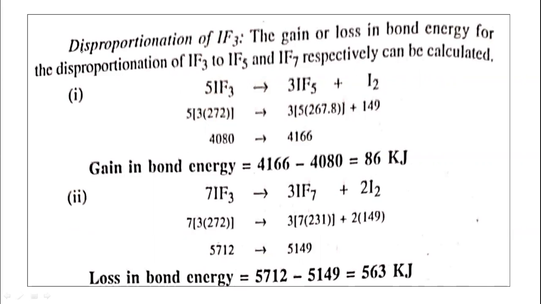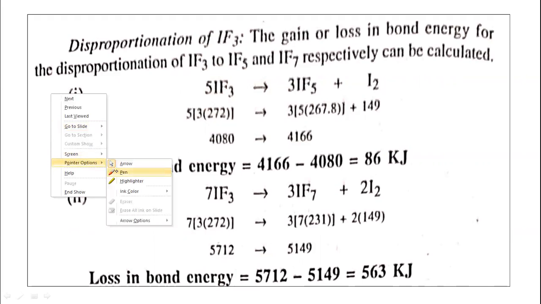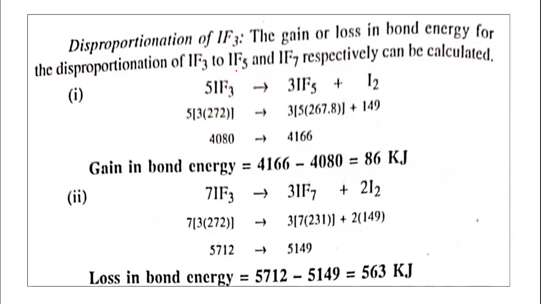Now let us see the disproportionation of IF3. How it undergoes disproportionation, you can see here, IF3 to IF5. So see this reaction, 5 IF3 molecules we have taken, higher interhalogen to another higher interhalogen compounds.